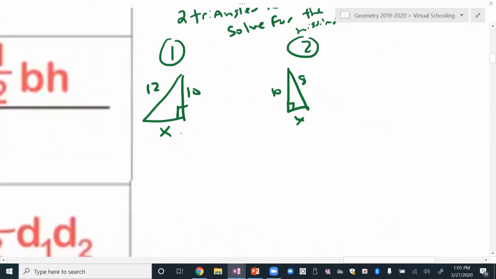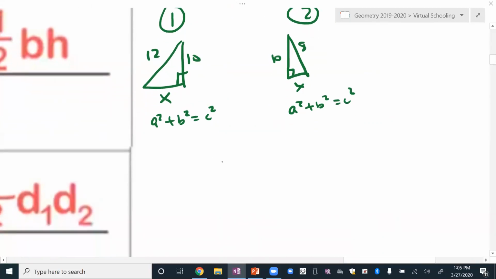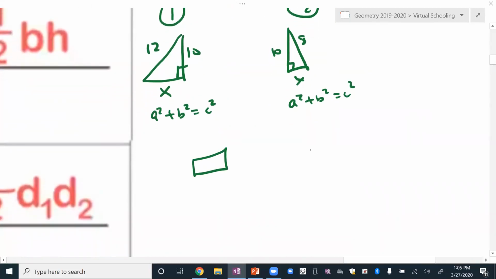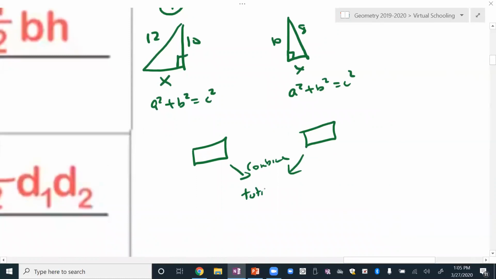Okay, so you just simply use a squared plus b squared for both of these. Okay, so then after you do that, you find both values. Whatever values you end up getting, you're going to combine them, and it'll give you the total side.